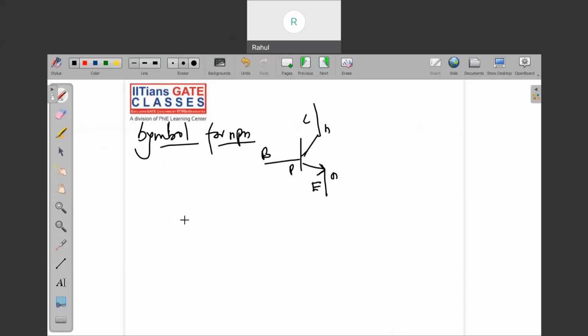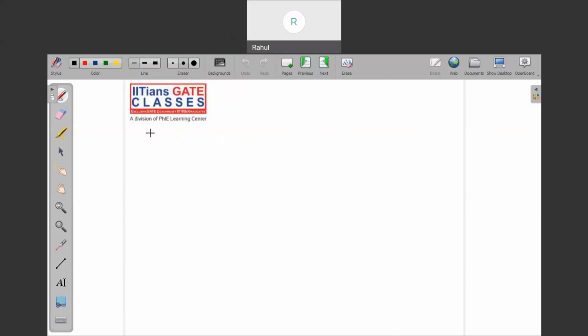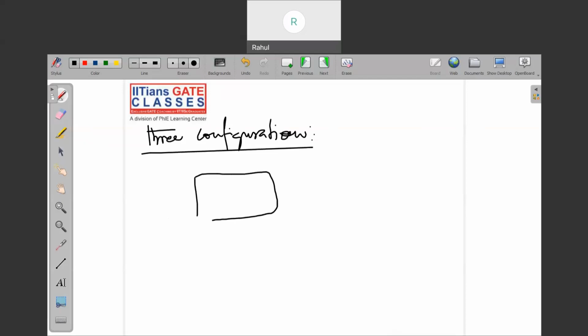Now let us see the configurations of the bipolar junction transistor. There are three kinds of configurations, and it depends upon where we apply the input. Suppose this is one black box, and there is an emitter terminal, a base, and a collector terminal.